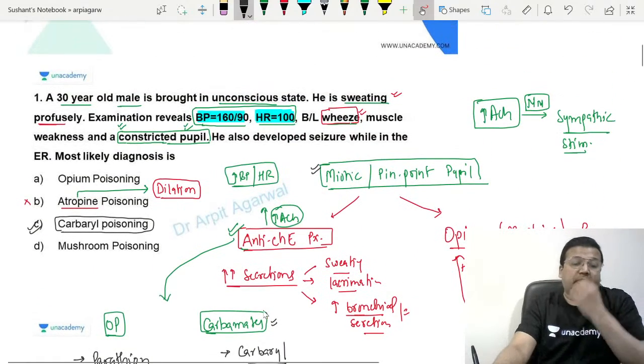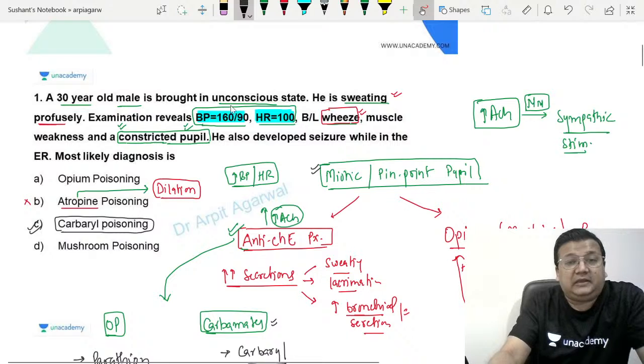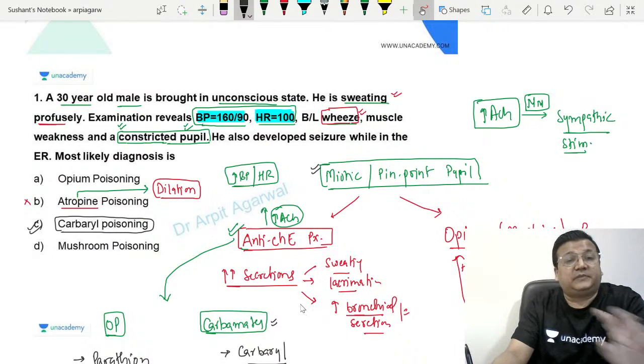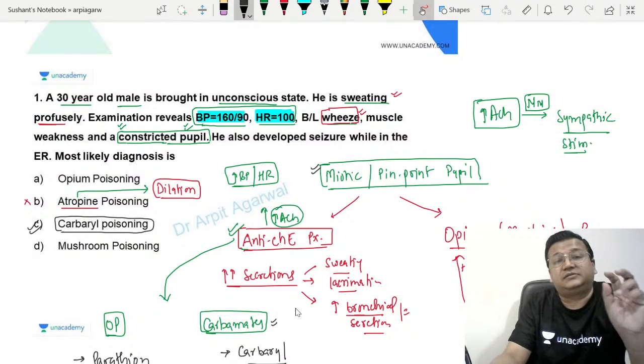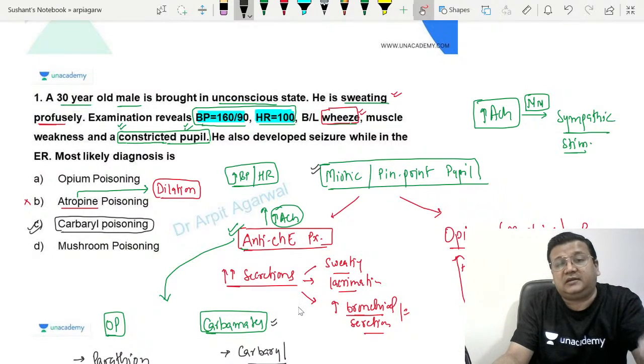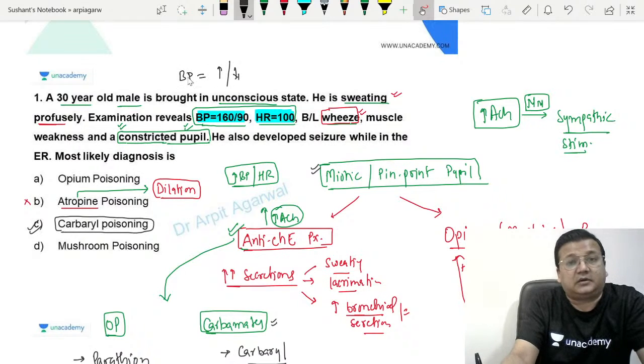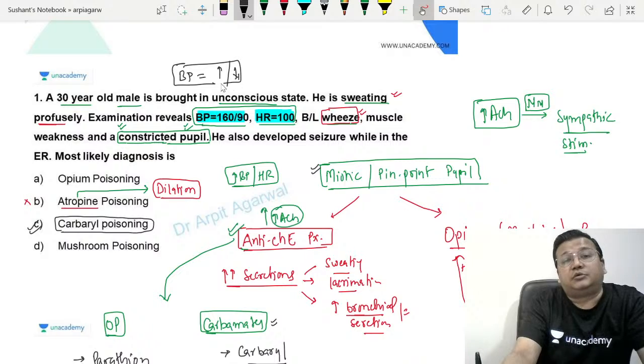So clear? Clear how BP can be increased, and BP can be decreased. BP or heart rate is not the diagnostic criterion in anticholinesterase or organophosphorus poisoning. It can be high or it can be low also. This is the beauty of this particular question. So what is the learning?